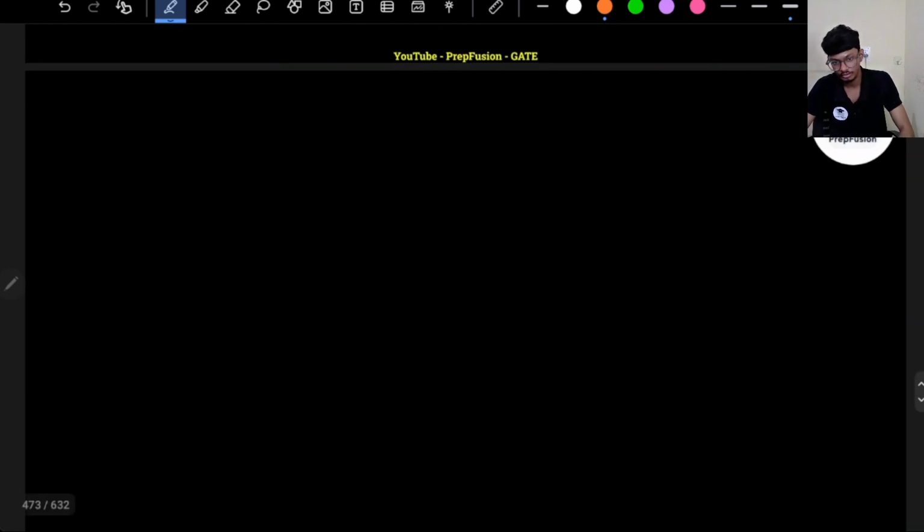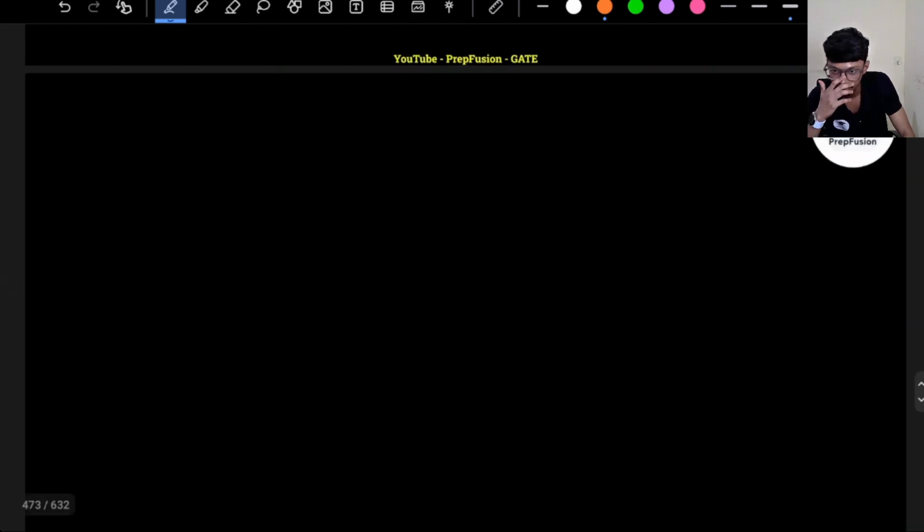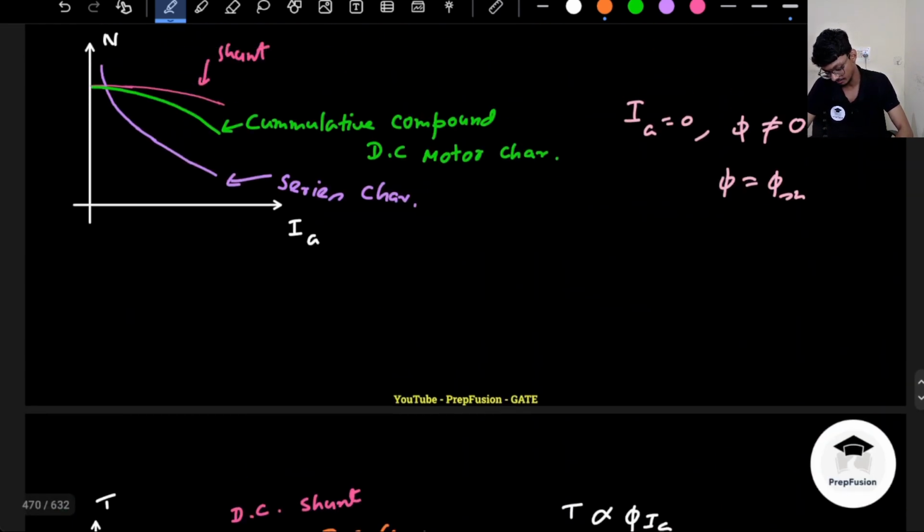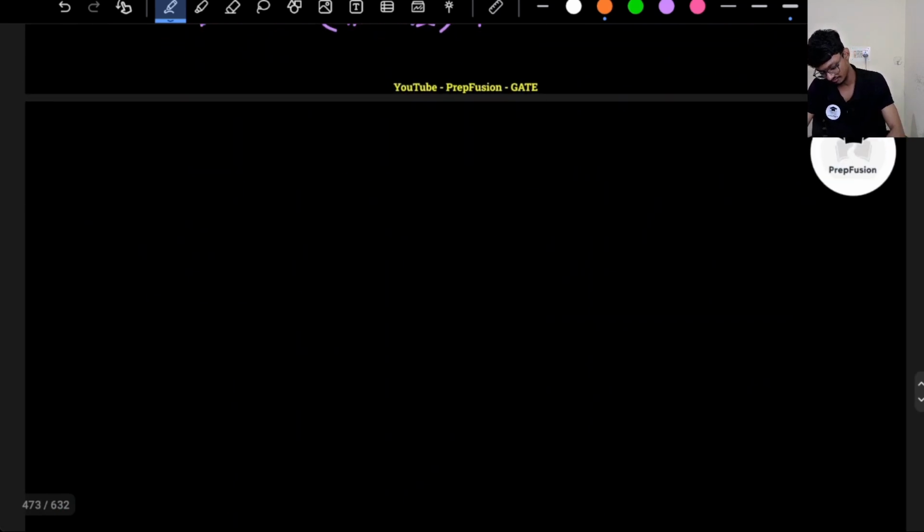Now we want to discuss the differentially compounded motor. What will happen for differentially compounded? The relation will be the same, just opposite. What do I mean by it? This was about the cumulative compound motor. Now let's discuss the differential compound motor.